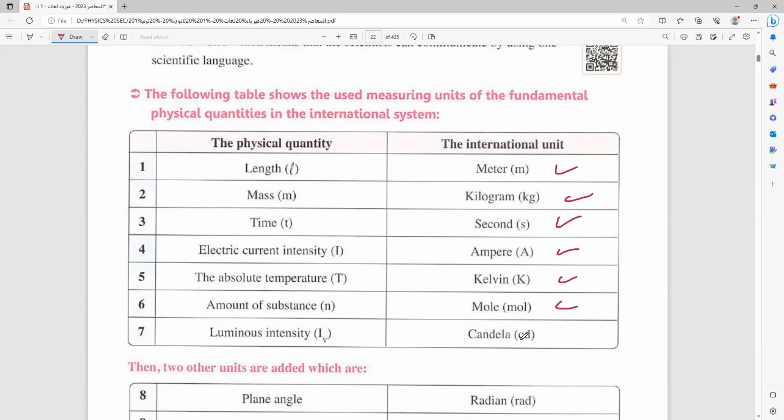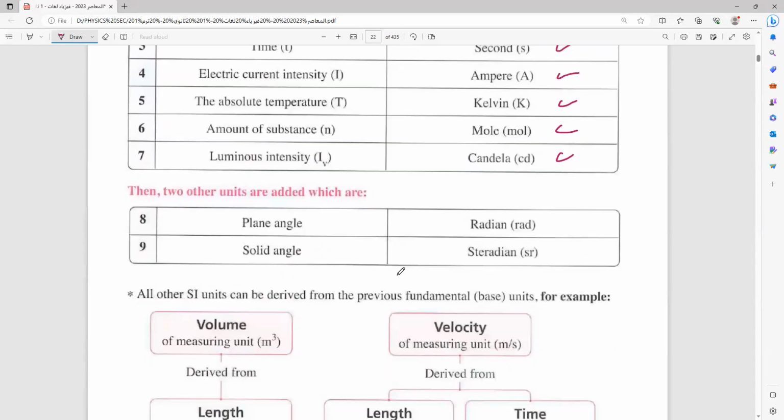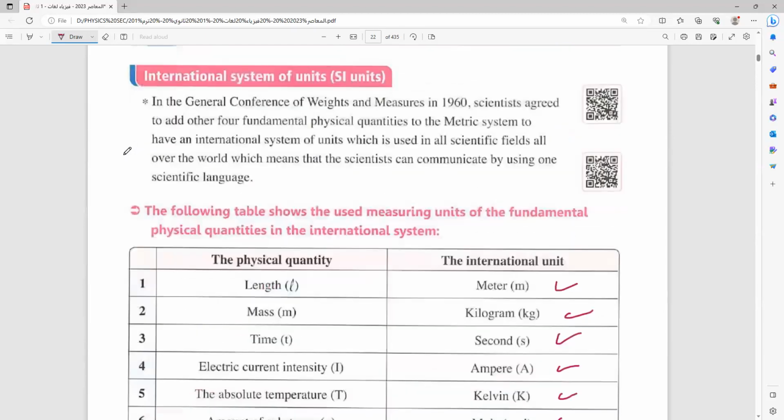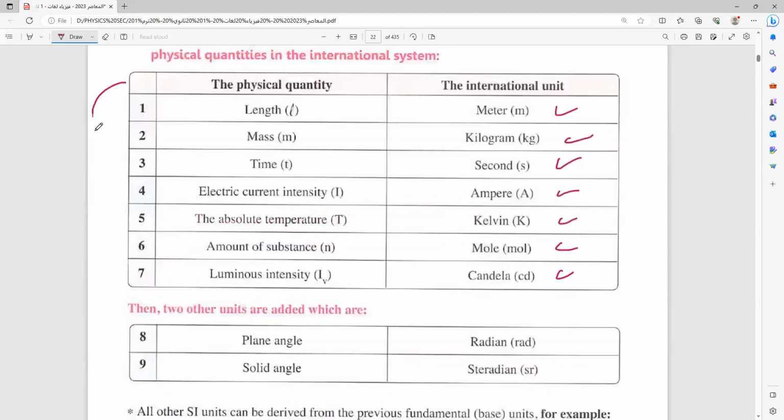Luminous intensity measured by candela. These are the 7 SI base units, and we also have 2 more units, so all of them will be 9. This is called the international system of units. You must keep this table for your study, your quizzes, inshallah, and your exam.